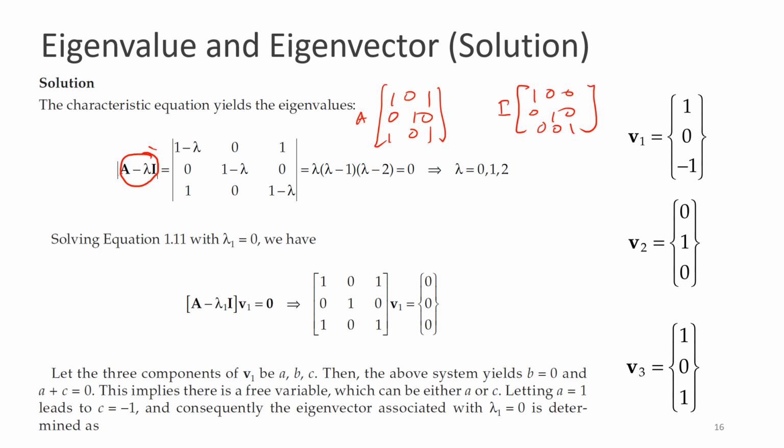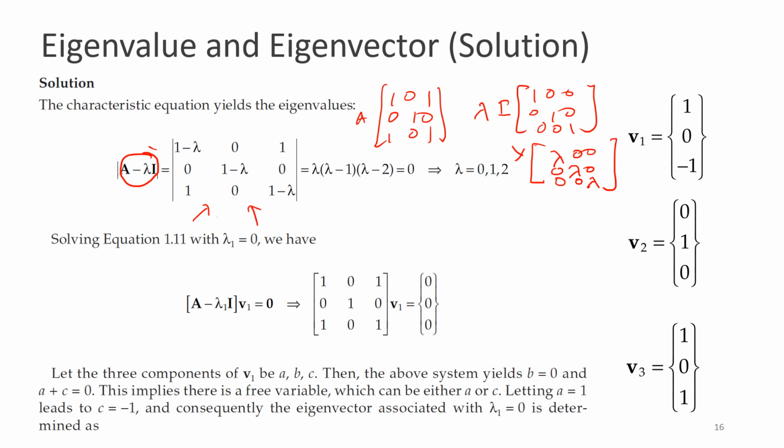If you multiply lambda with this identity matrix, we will get lambda 0 0, 0 lambda 0, 0 0 lambda. Then if you subtract lambda multiplied by I from A, you will get this matrix: 1 minus lambda, 0, 1, and then 0, 1 minus lambda, 0, 1, 0, 1 minus lambda. Now you calculate this determinant. I know it's difficult.